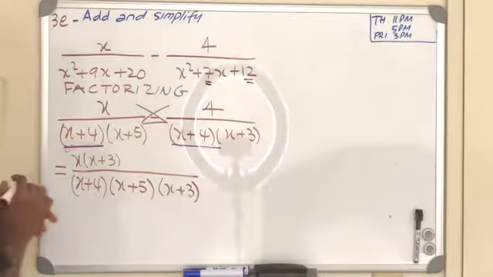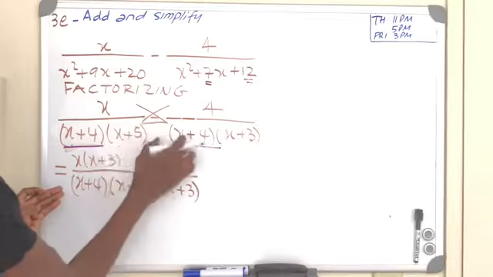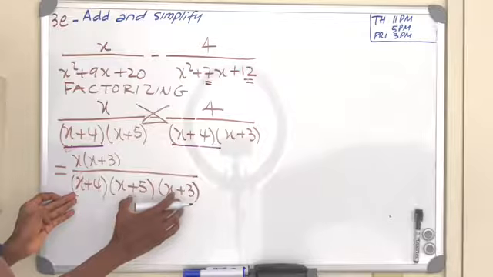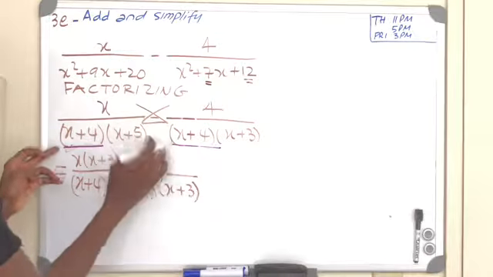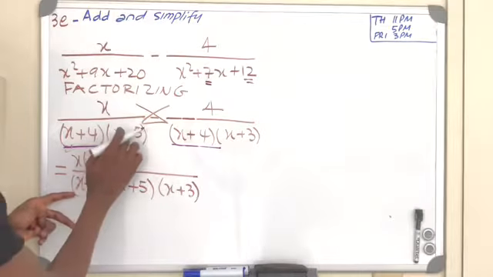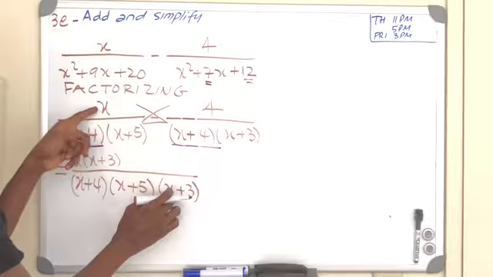The thing is, when you multiply the two denominators by themselves and keep them in the denominator, you have to see which term is different in your denominator from here and here. Which term is different? I have x plus 4 here, x plus 4, x plus 5, x plus 5, but I don't have x plus 3. So now I say x plus 3 times x.